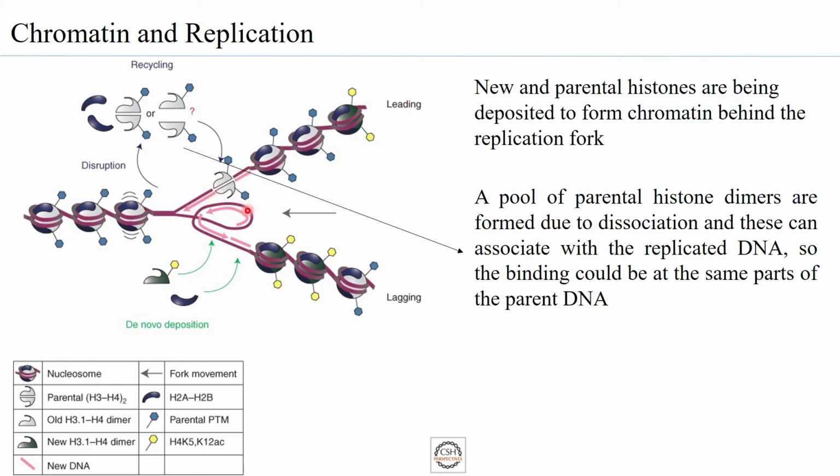Here, what is interesting and what has been suggested is this: we all know that histones, being positively charged, can bind to any part of the DNA because the DNA has a sugar-phosphate backbone that is negatively charged. So the main attraction between the nucleosome and the DNA is because of opposite charge.